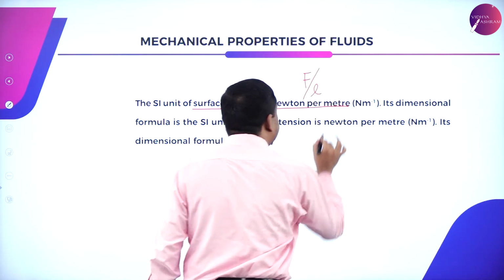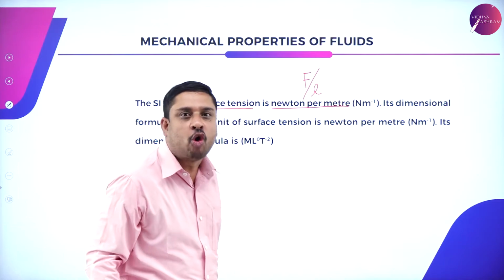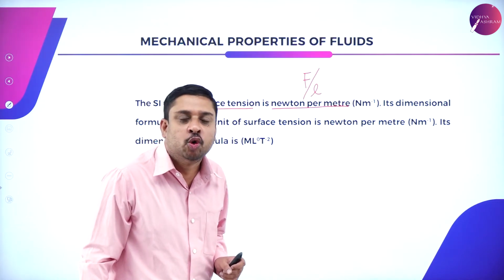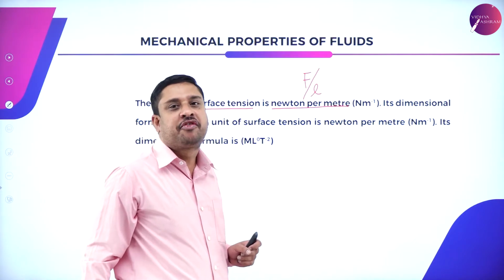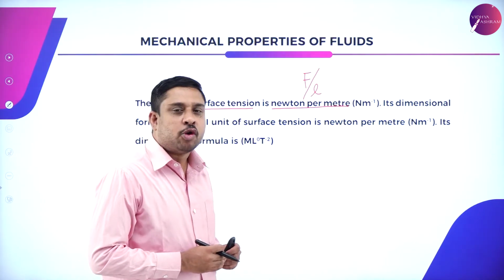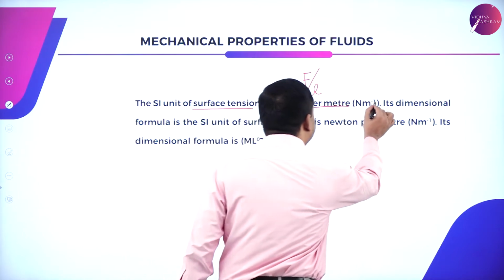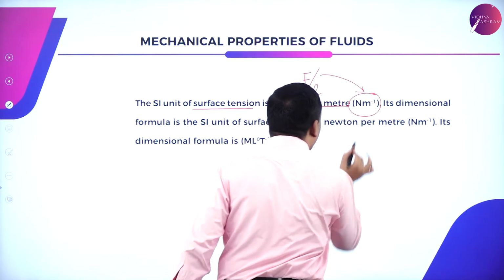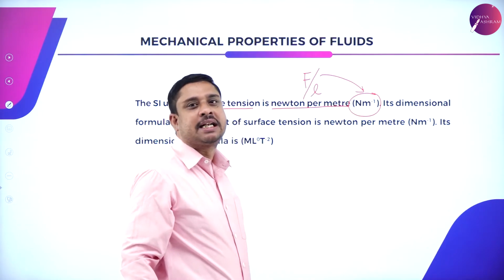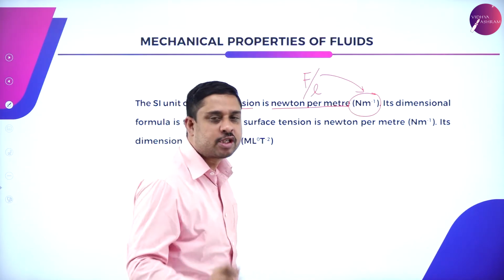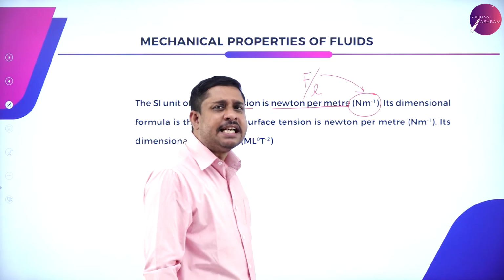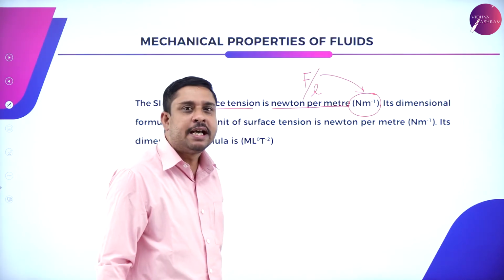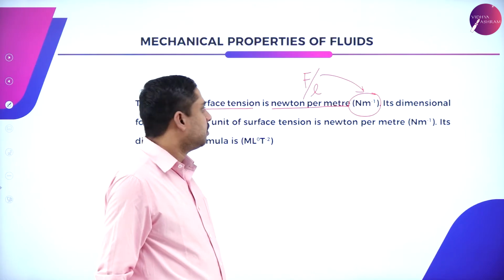As I told, tangential force, force per unit length of the liquid. So whose SI unit is Newton per meter. Force per unit length. Force is Newton. Length is meter. F by L, Newton per meter.